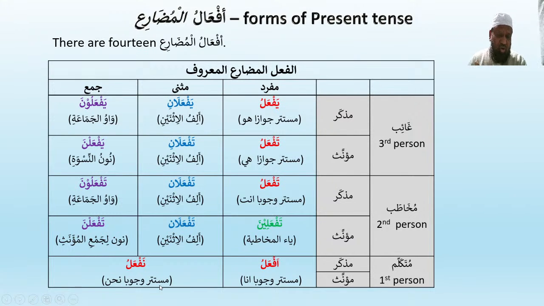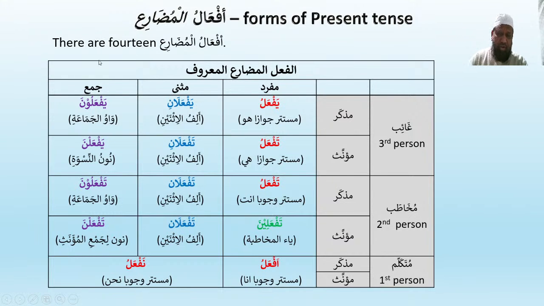And naf'alu is damir mustatir ujuban, which is the nahnu. So for these 5 sighas, it's not allowed to bring ism dhahir with it. And for the rest of the sighas, obviously, it has the damir bariz with it. So again, it's not allowed to bring any ism dhahir as the fa'il, because the fa'il is already built in with it. We can see the fa'il.